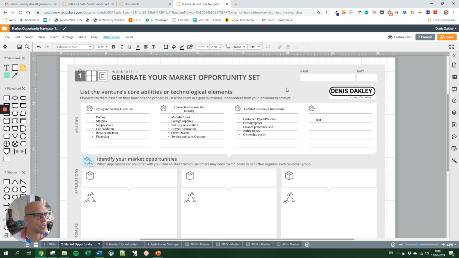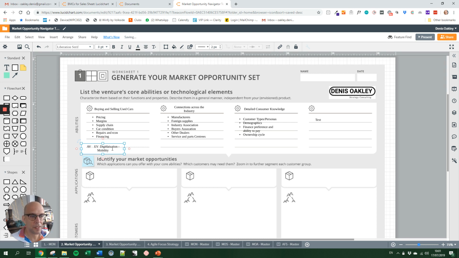So now, okay, these are the elements that we're going to be starting to try and find a market opportunity for. Let's just say, remember this, we're going to put these: autonomous vehicles, electric vehicles, digitalization, and what was the last one? Mobility.